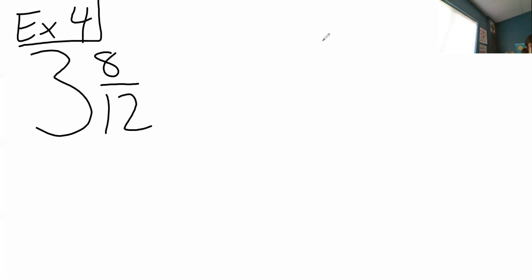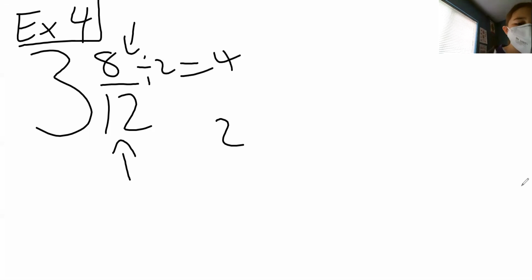Just simplify that fraction. There's one common number between these two. It's going to be 2, right? So you're going to divide them both by 2. And then you do it again.